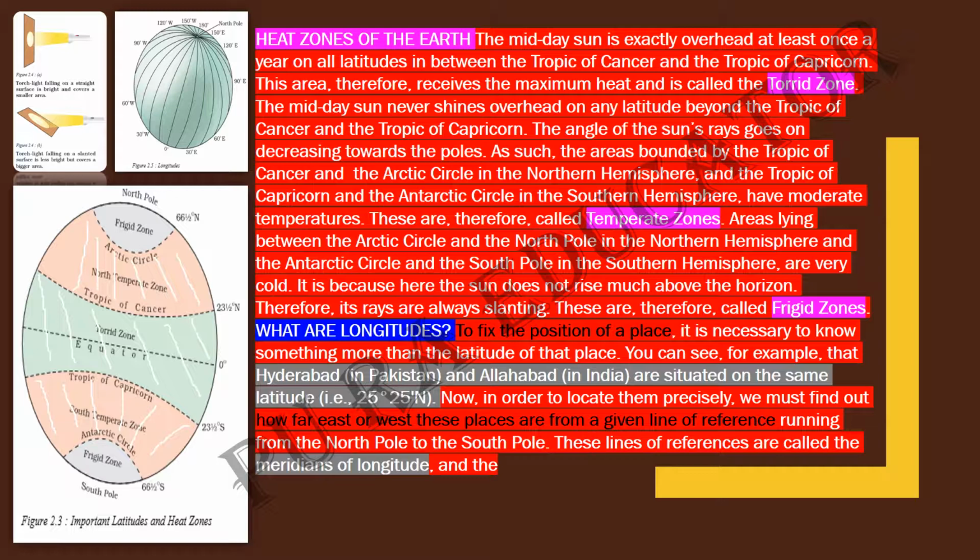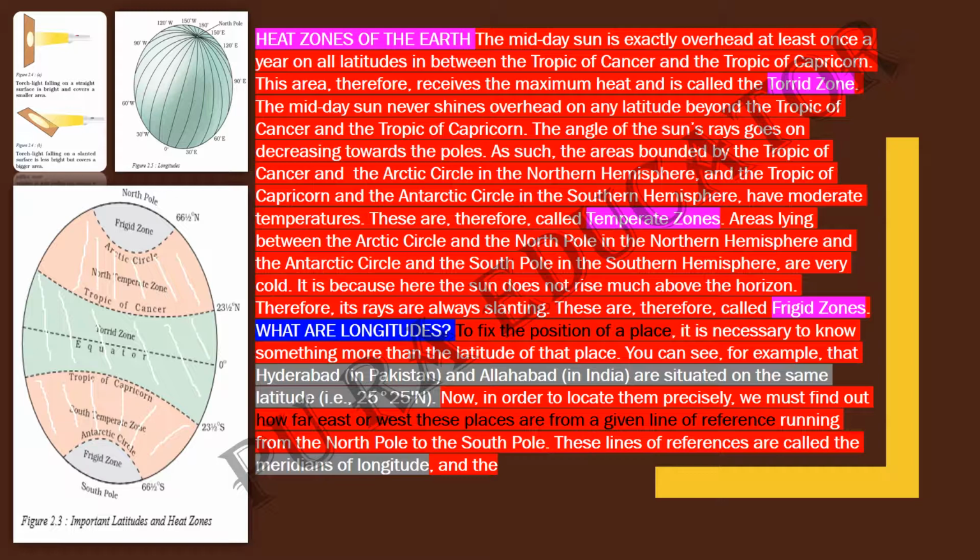Why is it called temperate? Because the temperature here is lesser than the torrid zone, because sun rays do not fall directly overhead. The rays fall slanted. Okay friends.